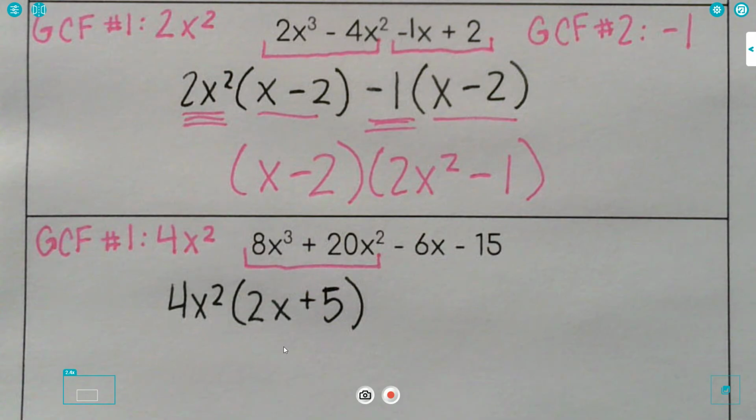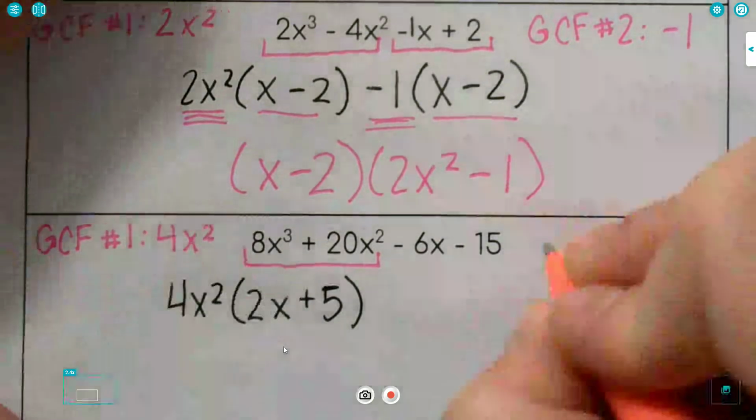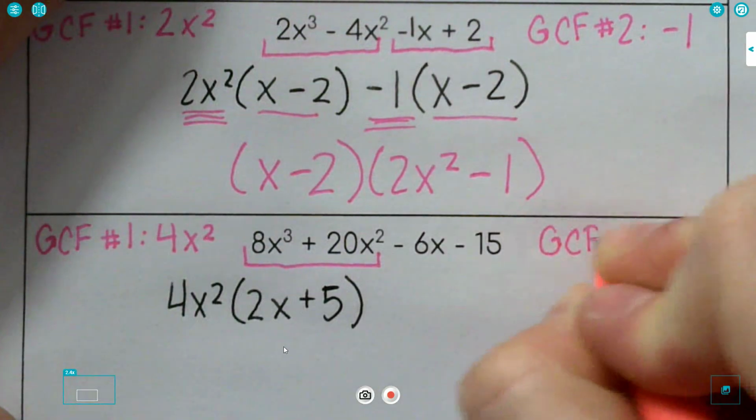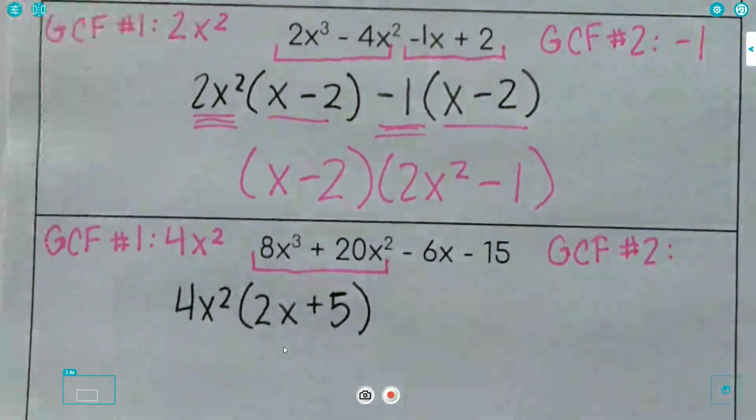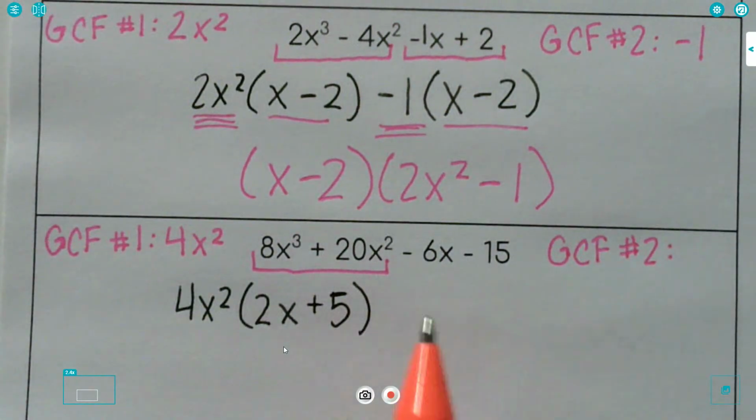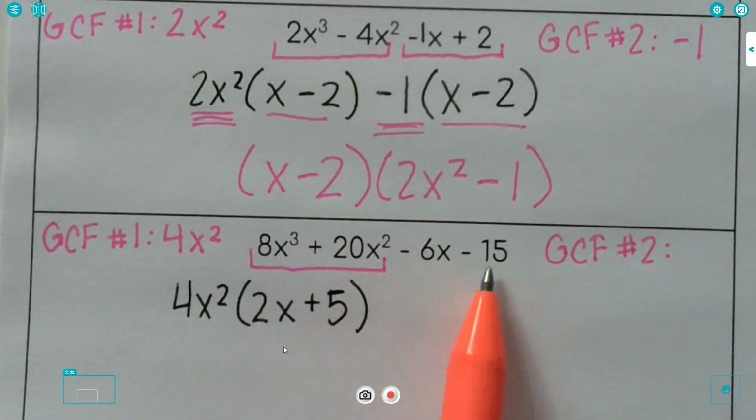Okay. Do not say the second GCF yet, because I want to phrase how you ask yourself what it is in a different way that might help you find some of the GCFs on your assignment. So you can ask yourself, what could I divide -6 and -15 by? Don't answer that.